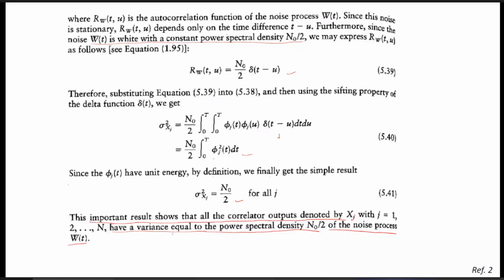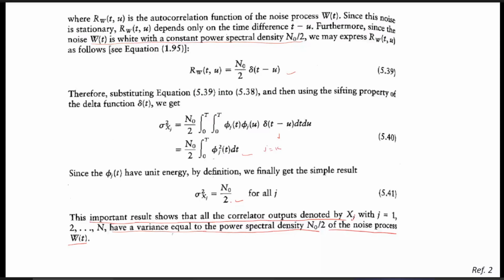And we know that for any basis function phi j, the energy is unity, so the value of this integration will be unity, and sigma x square will be nothing but N0 by 2.